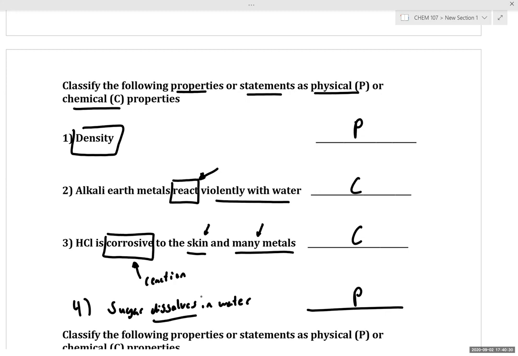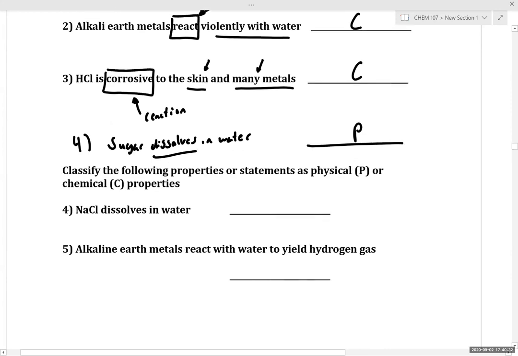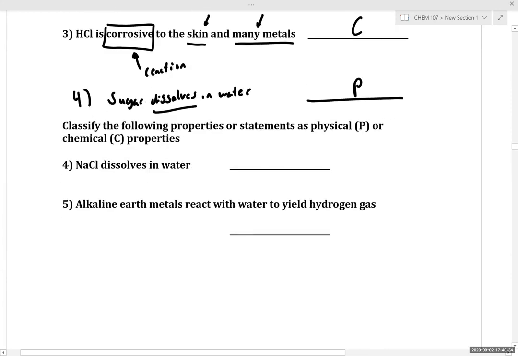Perfect. So let's look at the following examples, and I'd like you to classify the following statements as physical or chemical properties. And we'll take about 2 minutes on this example.